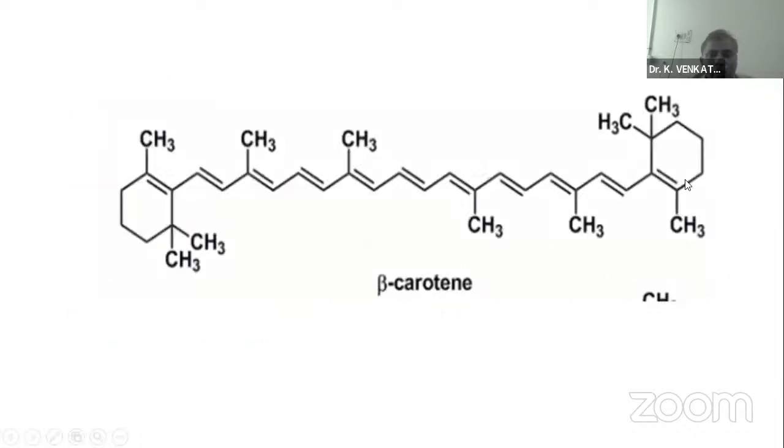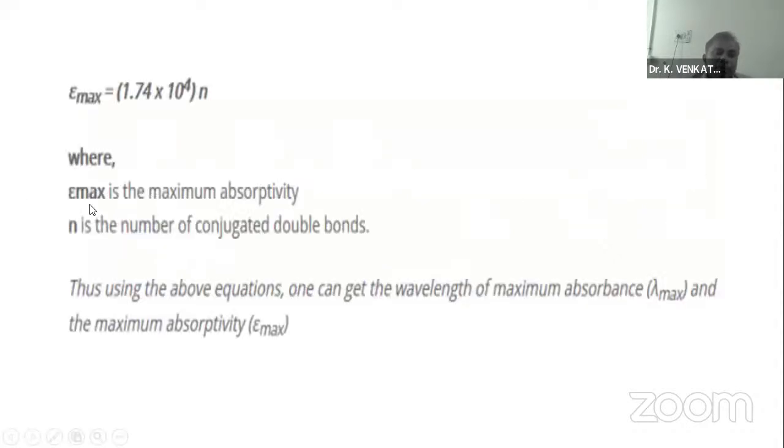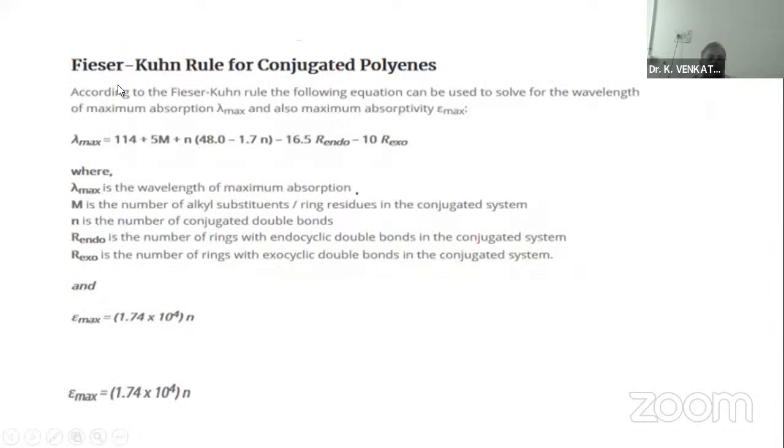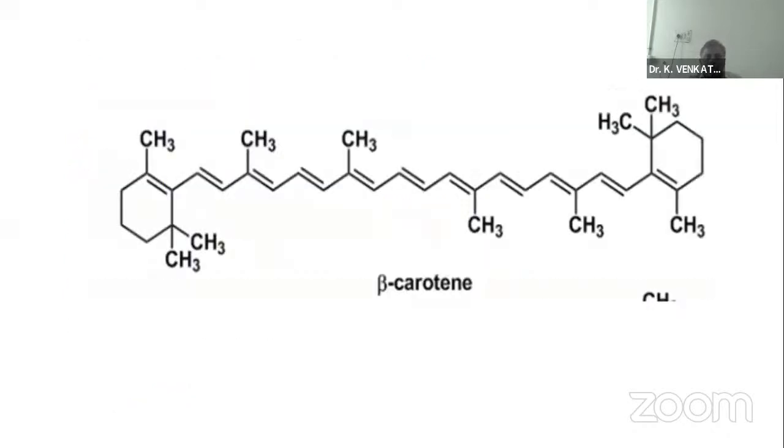So now using this formula, please calculate these compounds. Lambda max equal to 114 plus 5M, where M means alkyl substituents and N is the number of conjugated double bonds, and R endo and R exo. Endo means number of rings with endocyclic double bonds in conjugated systems.